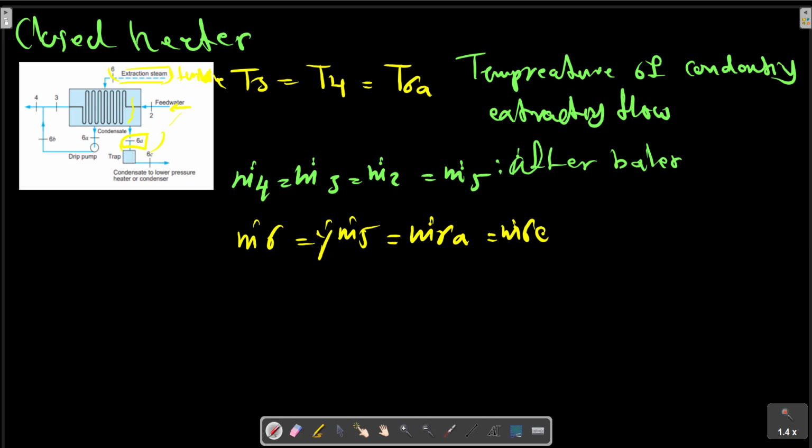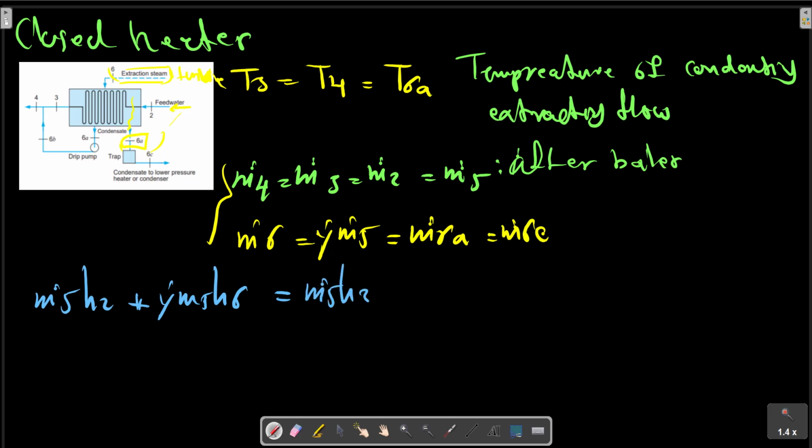This flow comes from continuity, and from the first law we have this relation: m5 H2 plus y m5 H6 equals m5 H3 plus y m5 H6A.